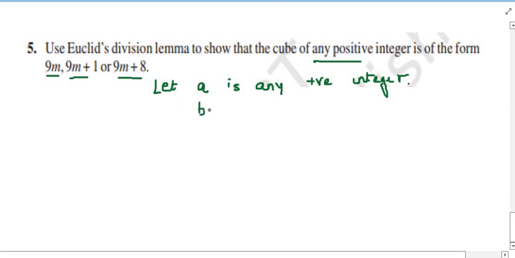Here we will take b is 3. As you observe here, we have 9 here and we need to find the cube here. So we will take b is 3. So it means our remainder should be less than 3 and should be greater than or equal to 0. So we can say r can be 0, 1 or 2.